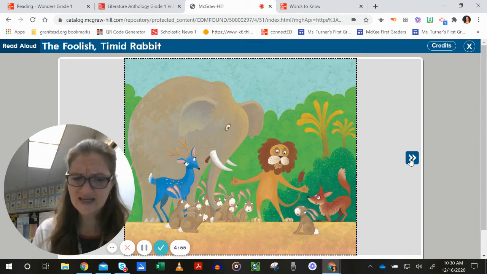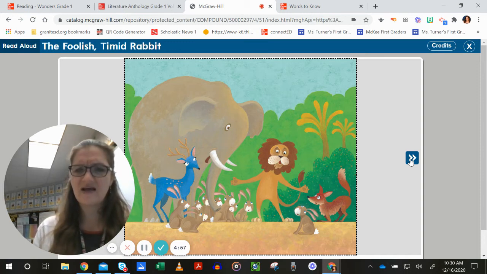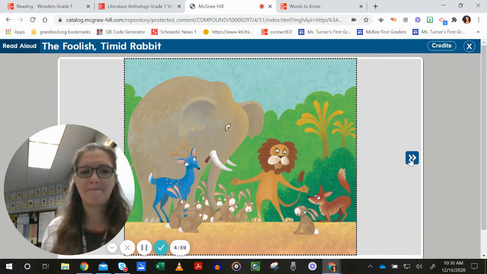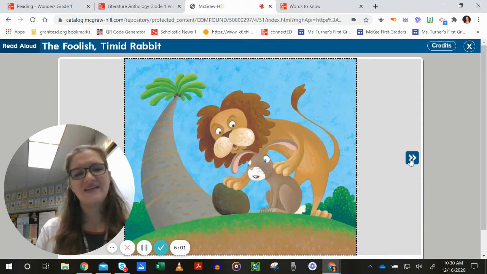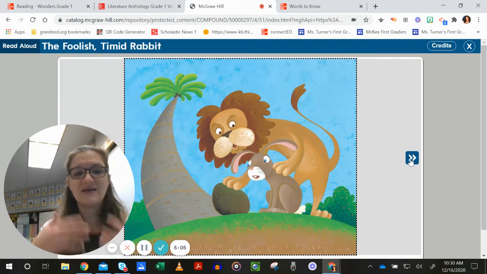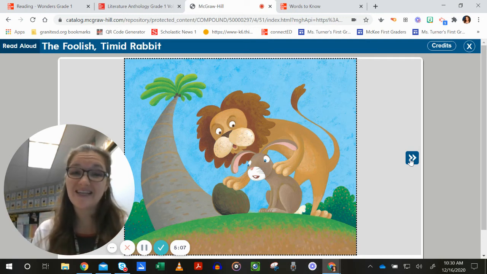"Did you see the earth breaking up?" asked the lion. "Well, not exactly," said the foolish, timid rabbit. "I was sitting under a tree and I wondered what would happen if the earth broke up into little pieces. Then I heard a very loud noise. I knew the earth was breaking up."